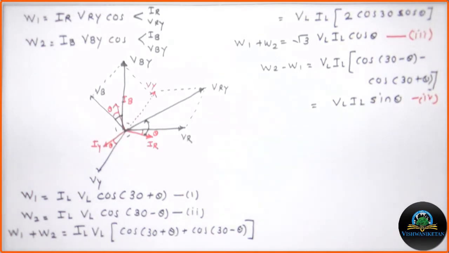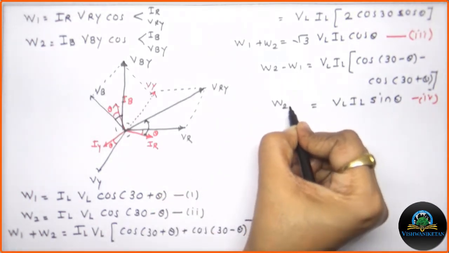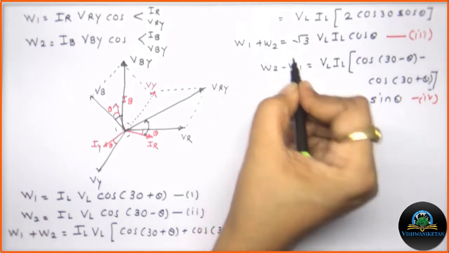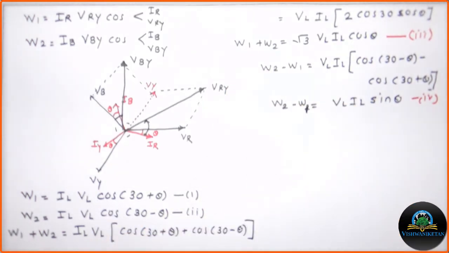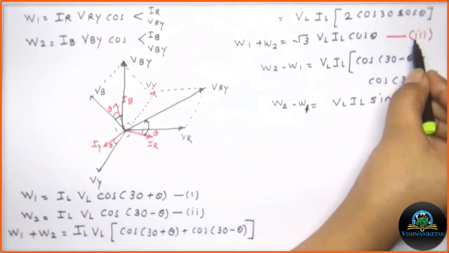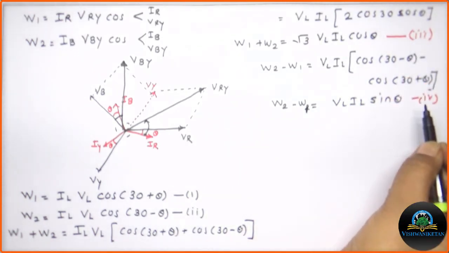So I will be having two equations with me, here W1 plus W2, and here W2 minus W1. I already marked here 3 and here 4.